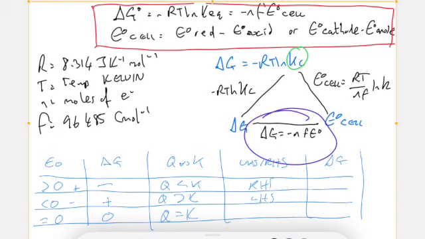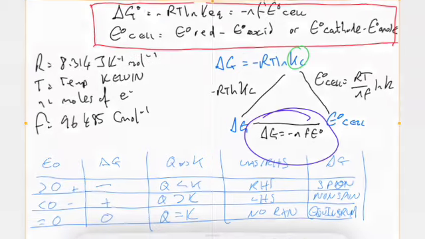When Q is more than K, it goes to the left hand side, which we have looked at in a previous video. When Q equals K, there is no overall reaction. Macroscopic properties stay the same. Microscopic properties, of course, are changing. And for delta G to be spontaneous, a spontaneous reaction, E naught must be positive, not forgetting it's minus nFE naught in the equation. Let's have a look at an example.